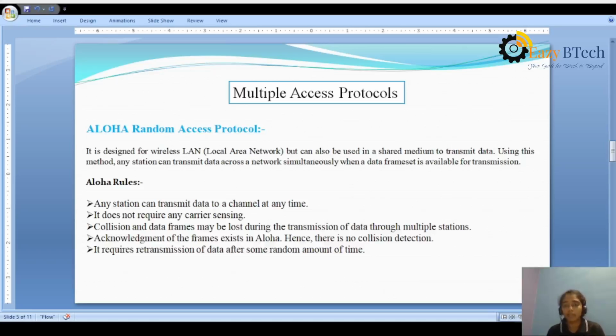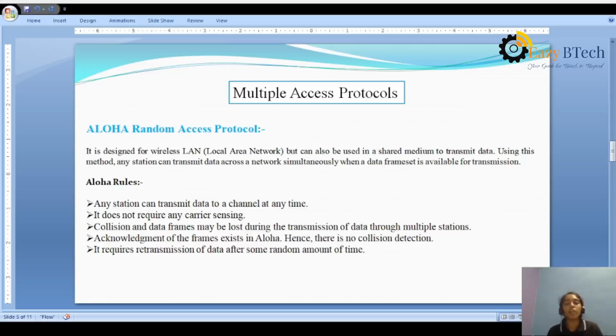In Aloha, however, acknowledgement of frames exists. Whenever the sender transmits data from source to destination, if the frame is transmitted successfully, the receiver gives an acknowledgement to the sender.